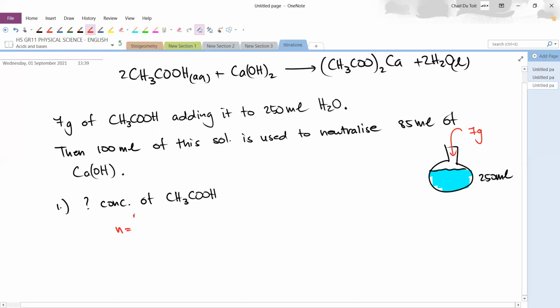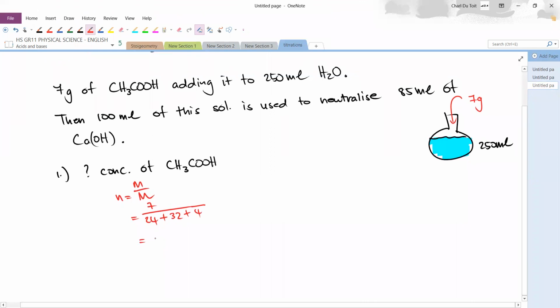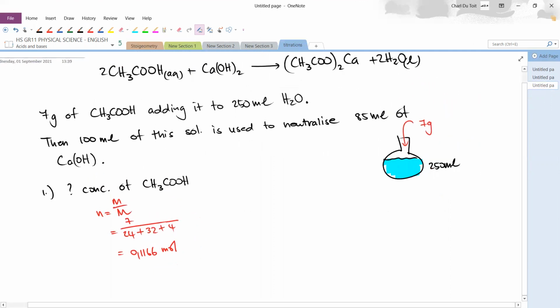So the mole is the mass over the molar mass: 7 grams over, there's 2 carbons, so that's already 24, plus 4 plus 32 plus 4. That gave me 0,1166. Well, it's very important that we don't round off there, really.